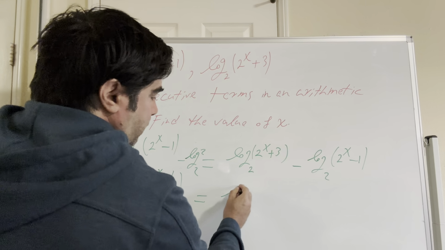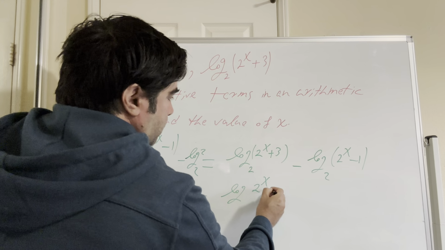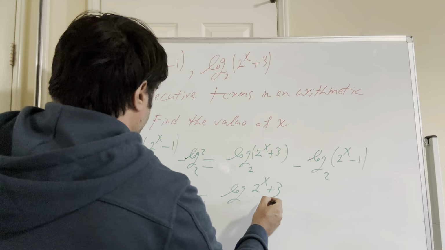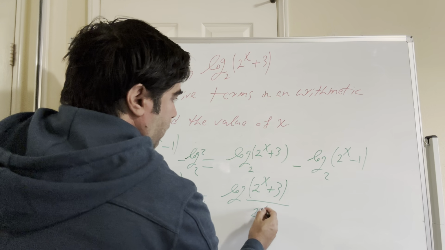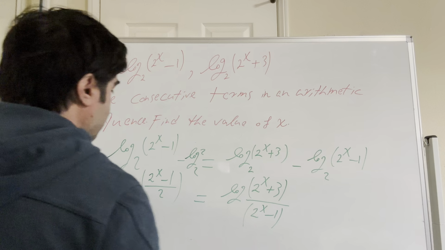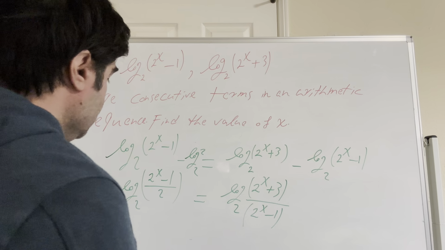This one I have log of 2 to the power of x plus 3 divided by 2 to the power of x minus 1, right? And this is in base 2.